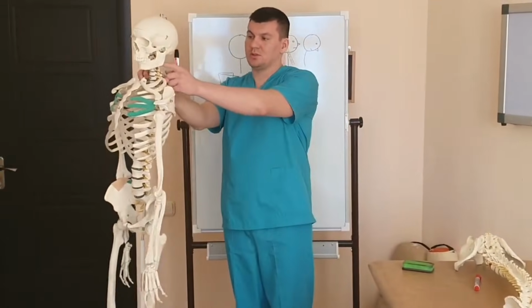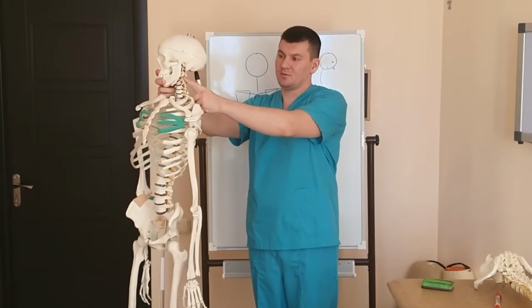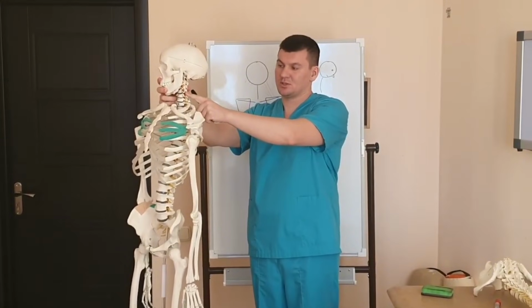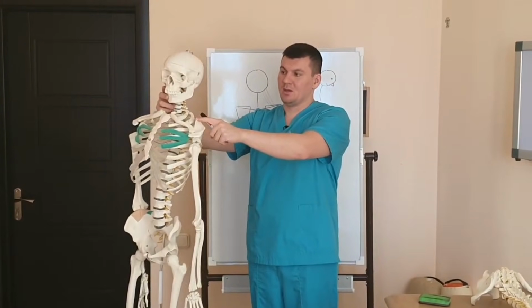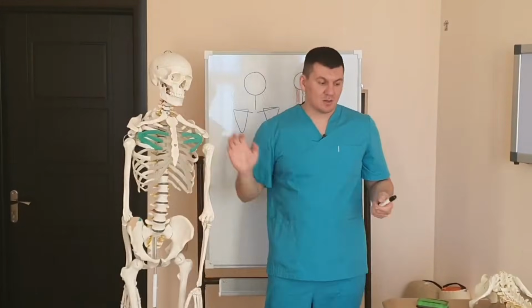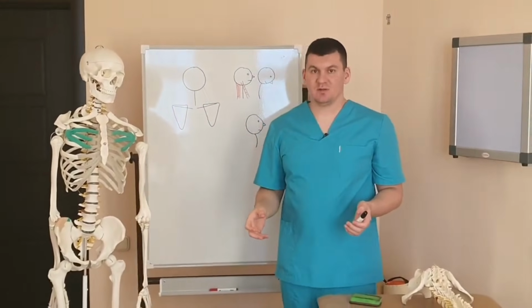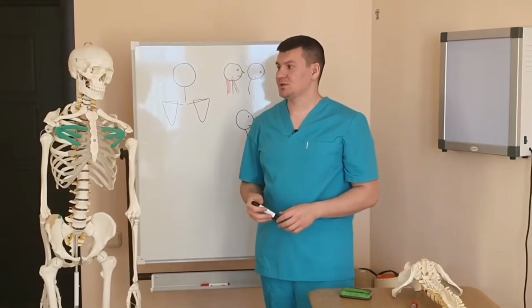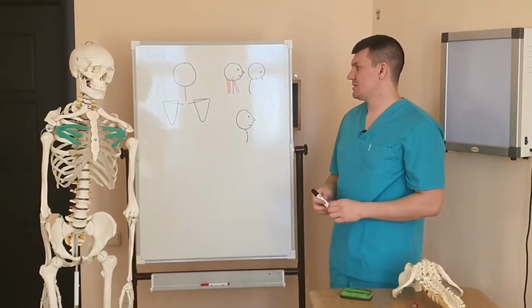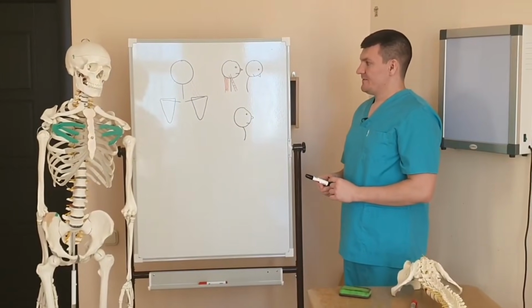It goes from these lateral processes of the cervical spine and attaches here to the scapula. As the functions of these muscles are described, they're involved in tilting the head, in turning. They also participate in rotation, but that's not really their main function.